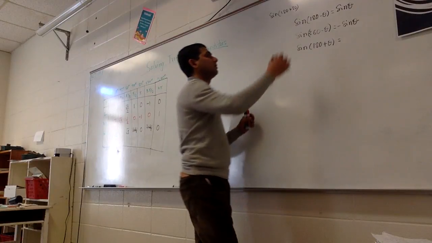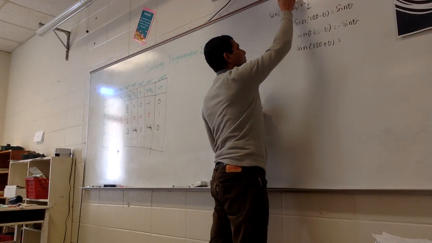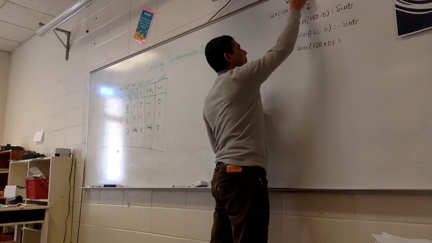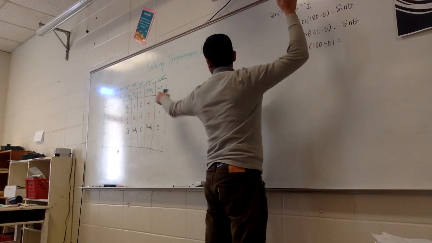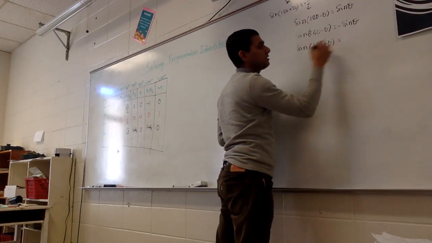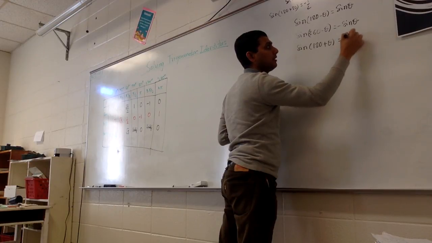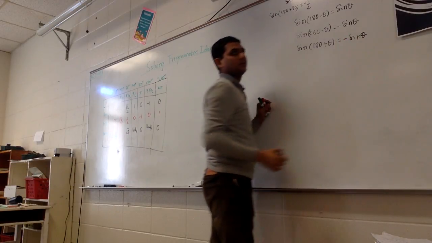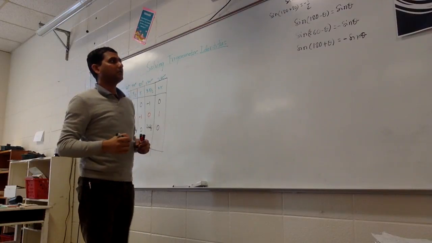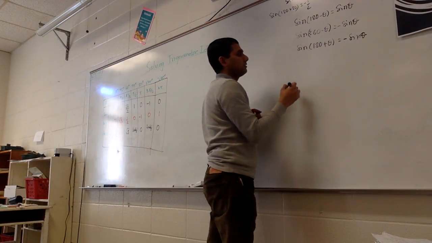Negative 1 half. What is sine 30? 1 half. So we can get a relationship: sine of 180 plus theta is negative sine theta. So this is one combination for sine.